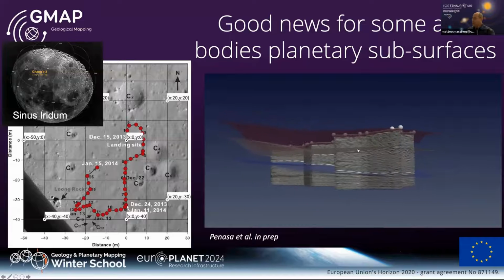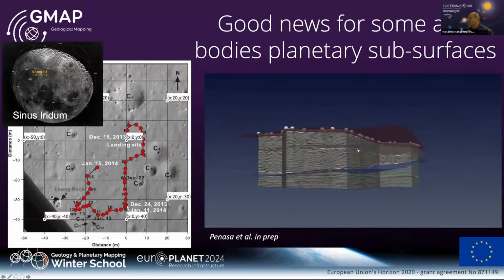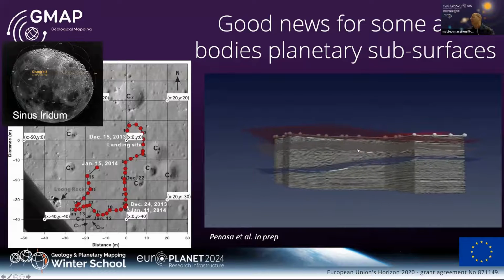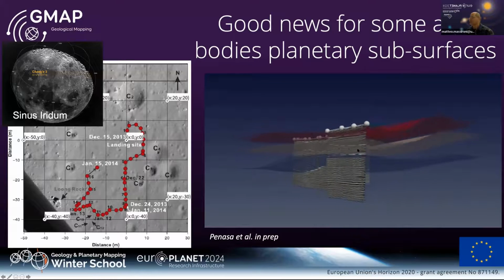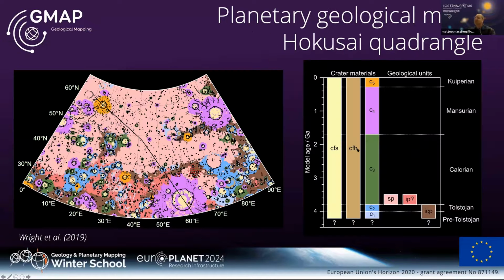So if we translate this on a geological map, without having any kind of geophysical method for inferring the subsurface structure of a given planetary body, it's quite simple. This is an example from Wright 2019, which is well constrained in terms of stratigraphy.